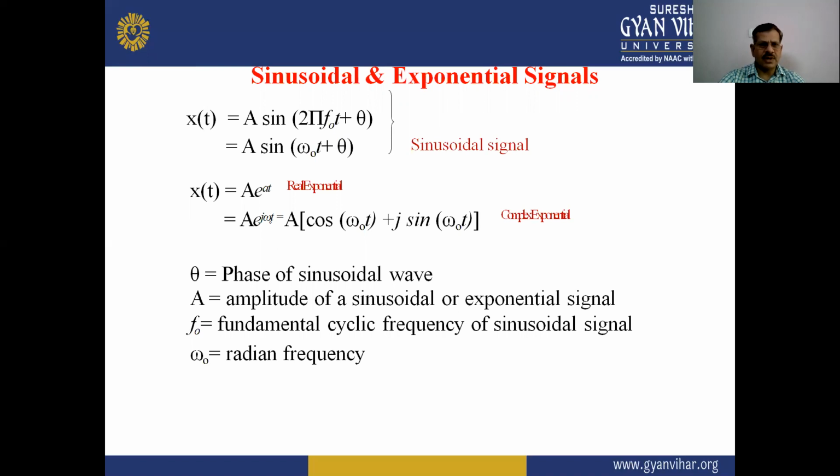And x(t) equal to A into e to the power j omega t, or equal to A into cos omega naught t plus j sin omega naught t, where theta is the phase of the sinusoidal wave and A is the amplitude of the sinusoidal or exponential signals, where f naught is the fundamental cyclic frequency of the sinusoidal signal. Omega naught is the radian frequency here.